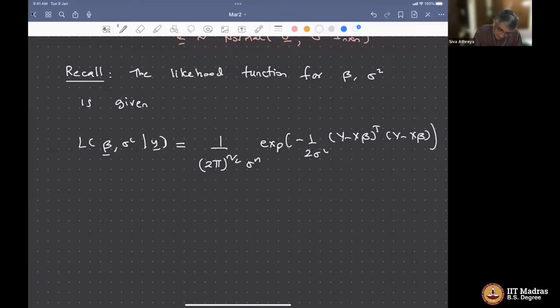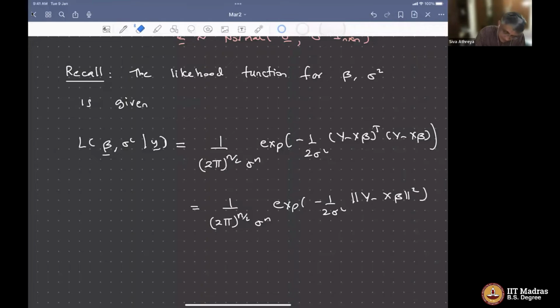If you do it a little more carefully, that's the same as 1 over (2 pi)^(n/2) sigma^n times the exponent of minus 1 by 2 sigma squared times the norm of y minus x beta, the whole squared. All these are vectors, so I'll put lines there.